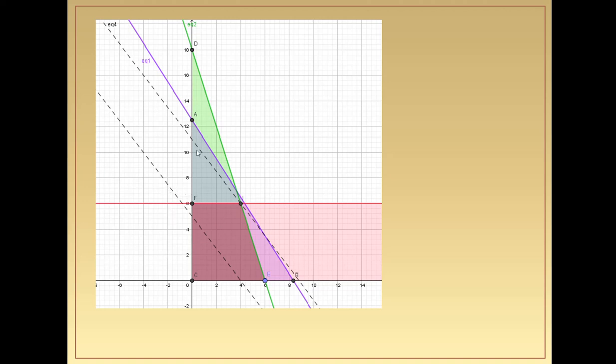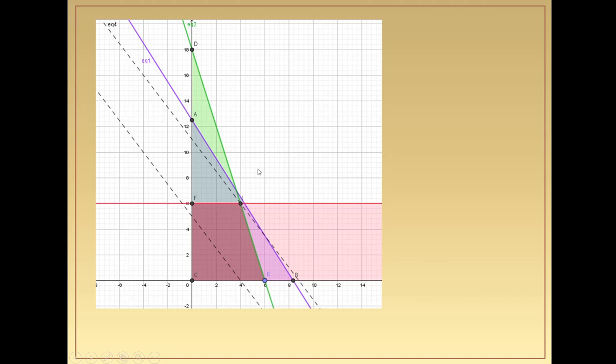Now we move it upwards because we want to maximize Z, maximize the revenue. As it moves up, it will first touch point F, then point E, and the last one is point J. From the graph, the coordinate of point J is 4, 6.